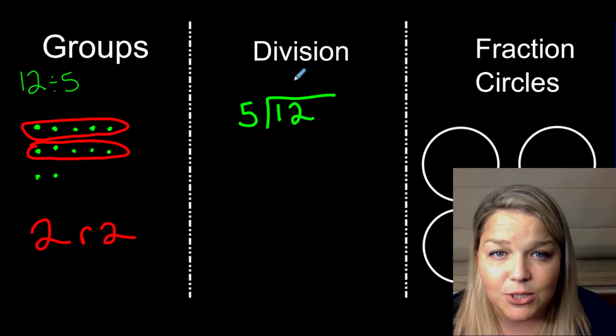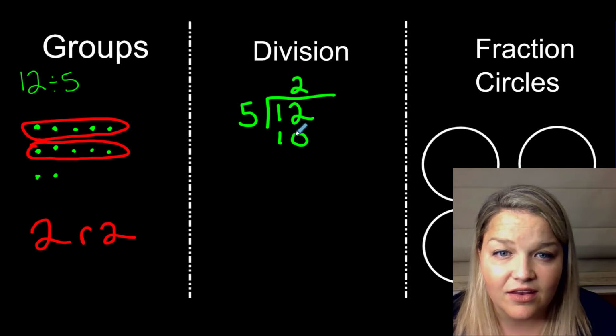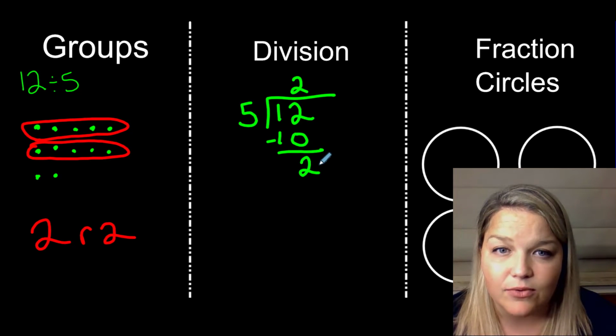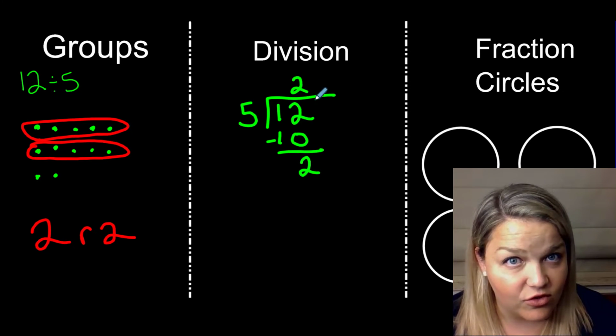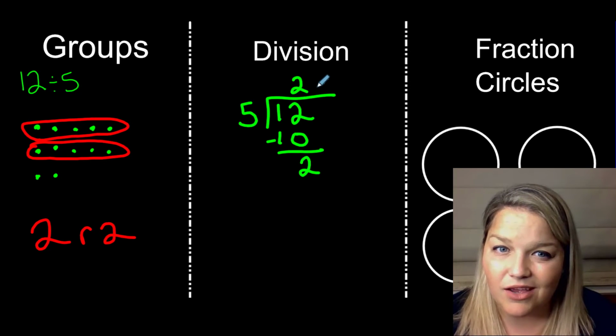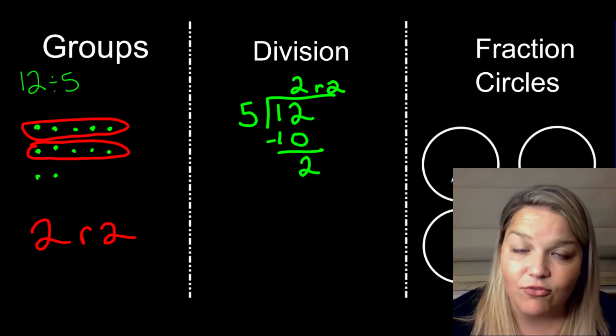Well, it goes in 2 times. So 2 times that 5 creates a 10. So you subtract what you created and you have 2 left over with nothing left to bring down. So in the past, you've said, all right, 5 can go into 12 2 times, but then I'm going to have 2 remaining from my 12 that I just really couldn't make another group of 5 with.